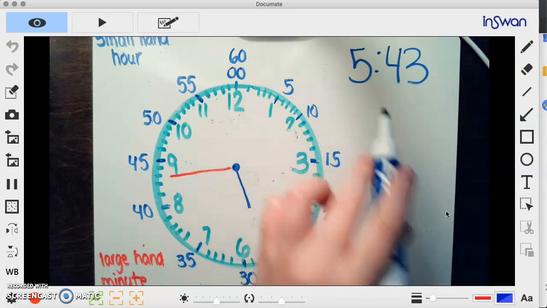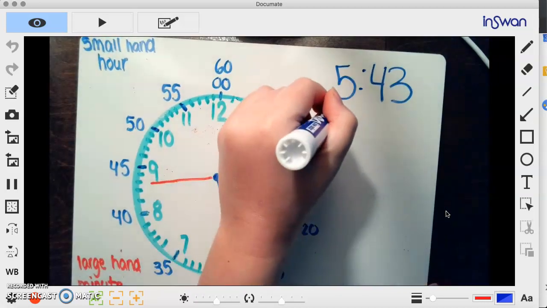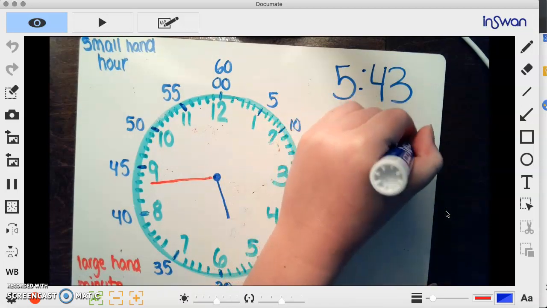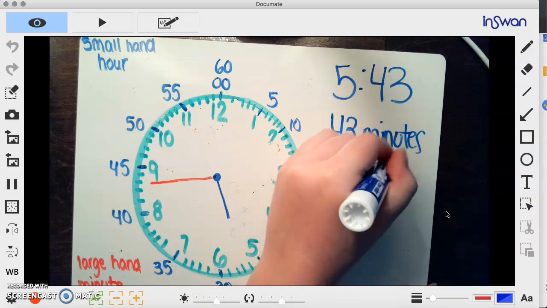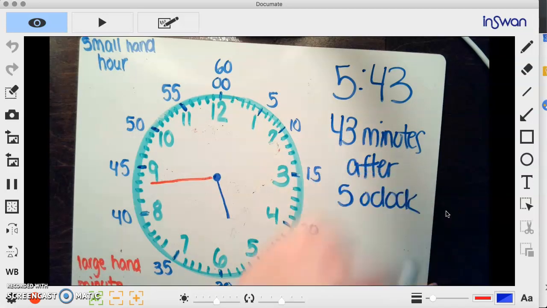So 5:43, I can say it is 43 minutes after 5 o'clock.